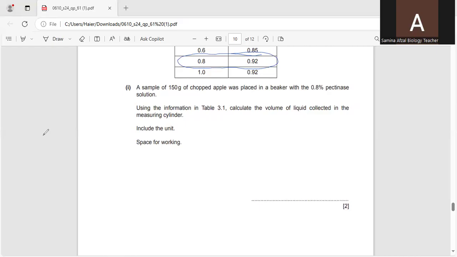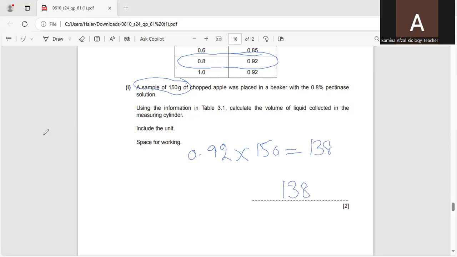So what will we do? We have to find the sample of 150 grams. So we take 0.92 and multiply it with 150 grams. If we multiply, the answer will be 138.